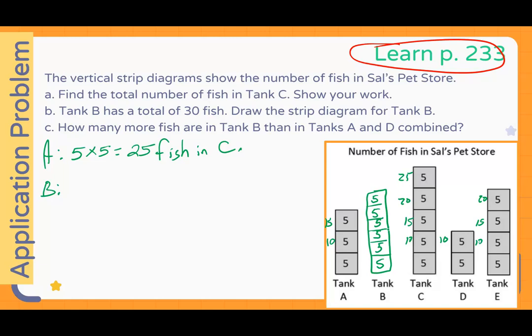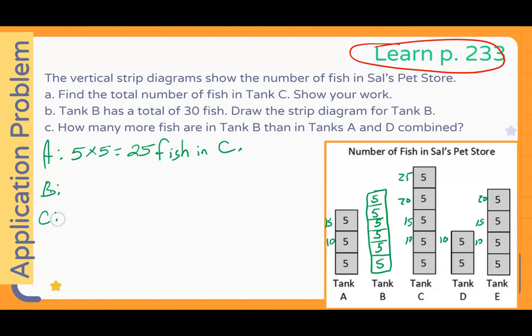They want us to draw the strip diagram for tank B. That's what we did. There's 6 units of 5 in each one, which equals 30.